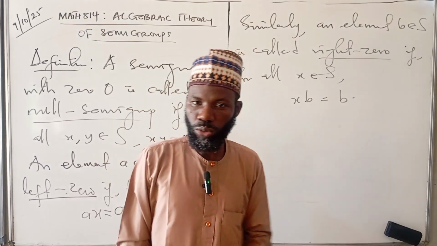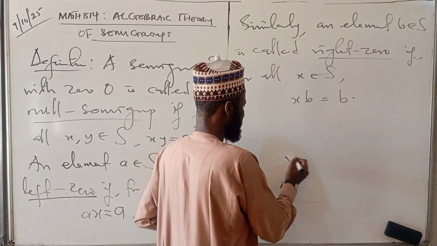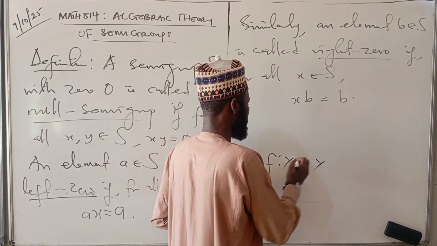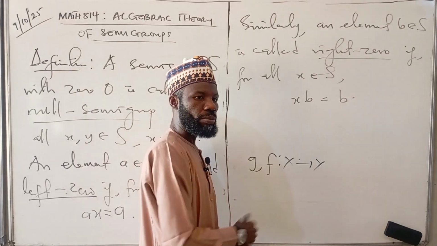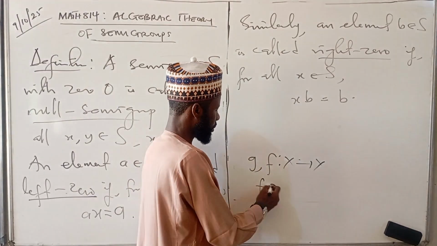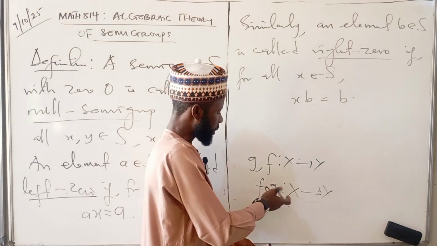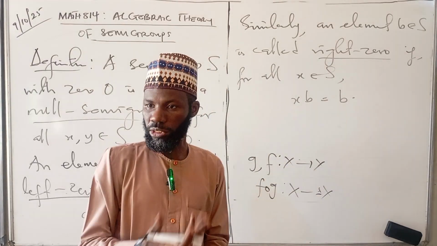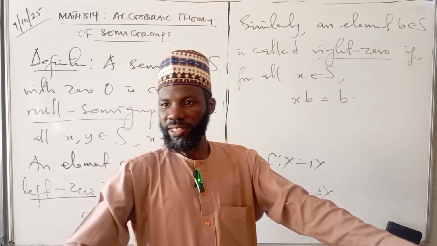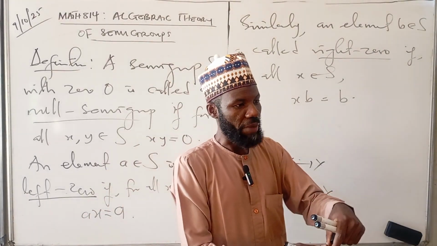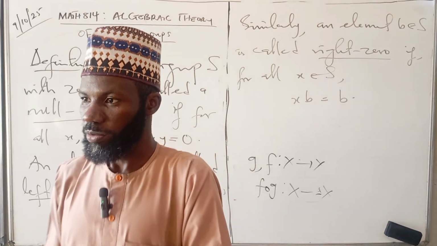These are one-to-one and onto mappings of a set X. But if you have a set X, all mappings from X to X, take any two such mappings, you can compose them. The composition of the mapping is still a mapping from X to X, and composition of maps is associative, we know this. So the collection of all mappings with composition will give you a semigroup. It's an example of a semigroup.